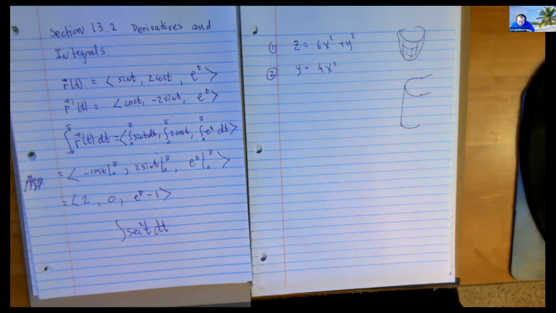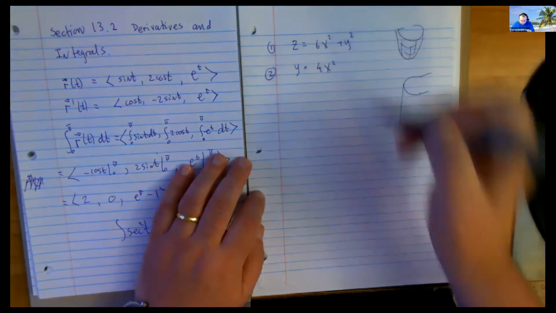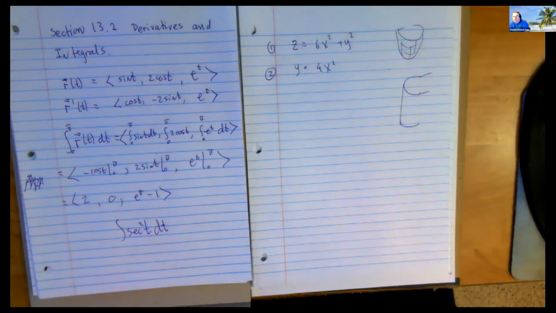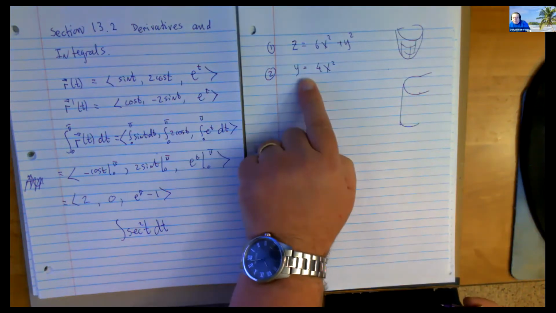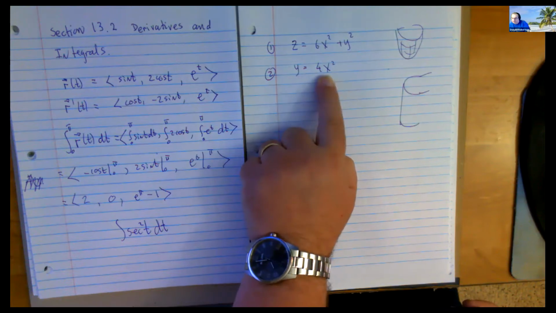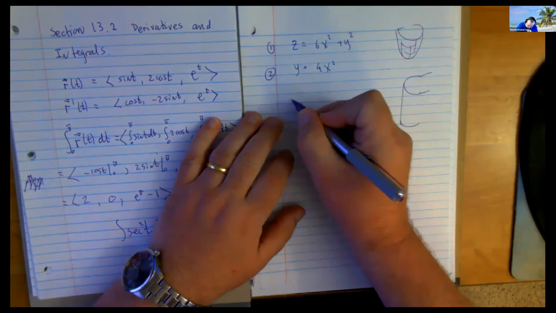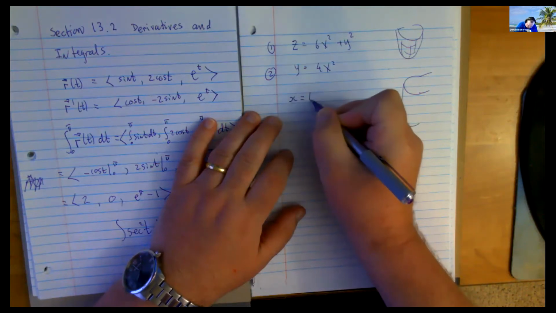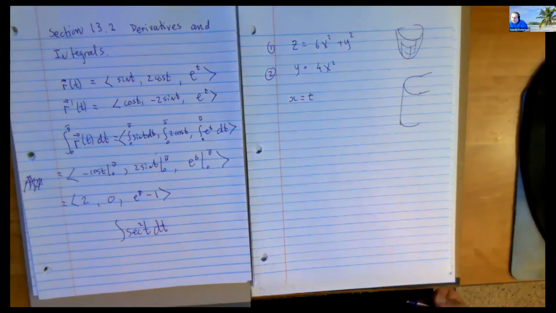Right, what you do in these questions is one of the two surfaces is only going to have two variables in it. If it has three variables, you're kind of screwed, so they can't give you it. Now, what I have here is the guy I'm going to start with. y equals 4x squared. And I'm going to make x equals t, because I can make any variable anything I like.